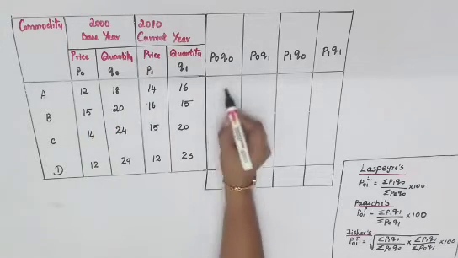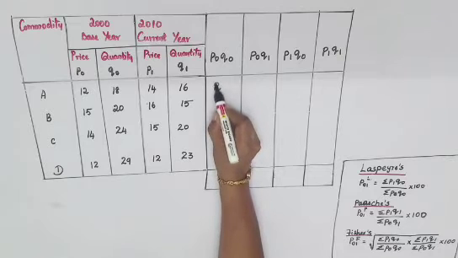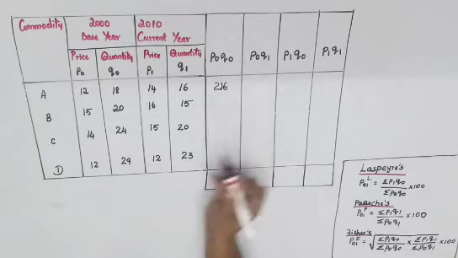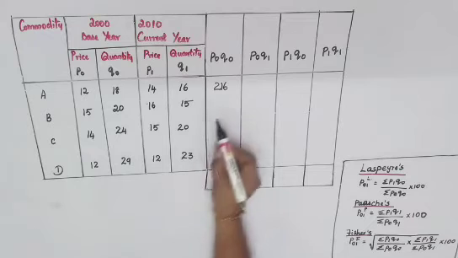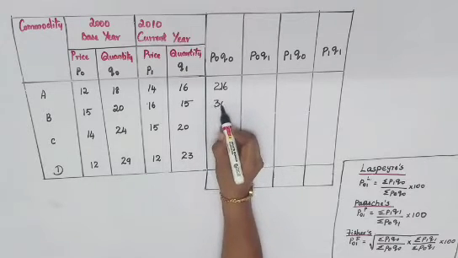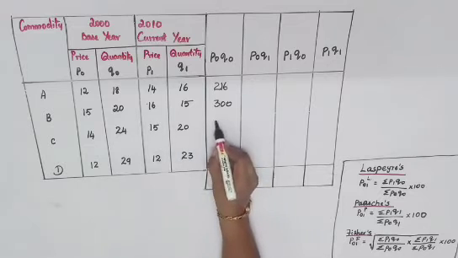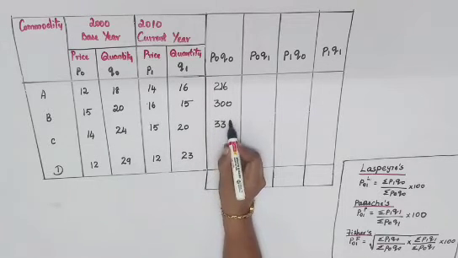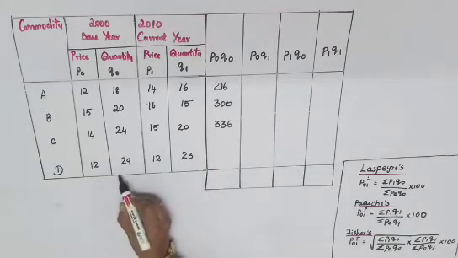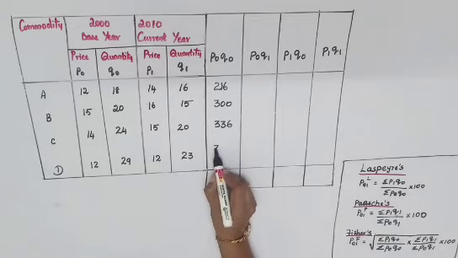12 into 18 you will get 216. Next is 15 into 20, you will get 300. Next is 14 into 24, you will get 336. 12 into 29 you will get 348.